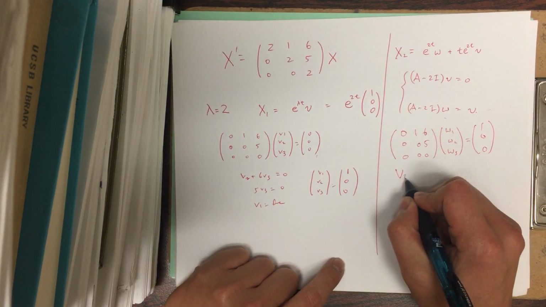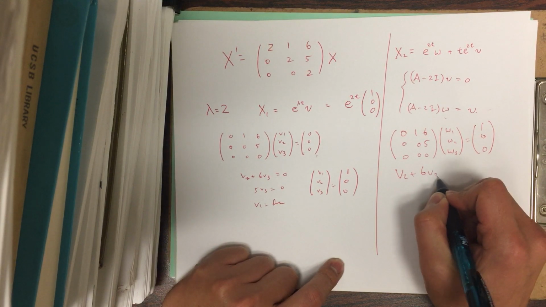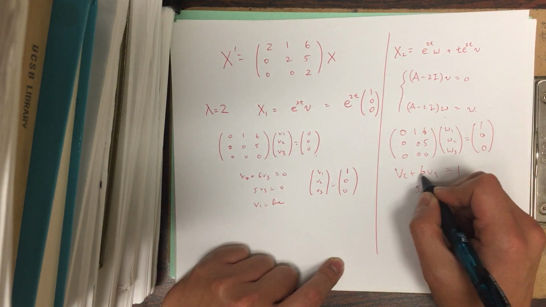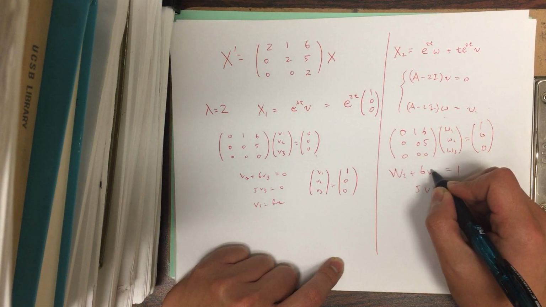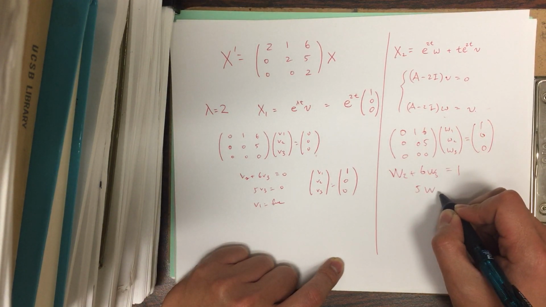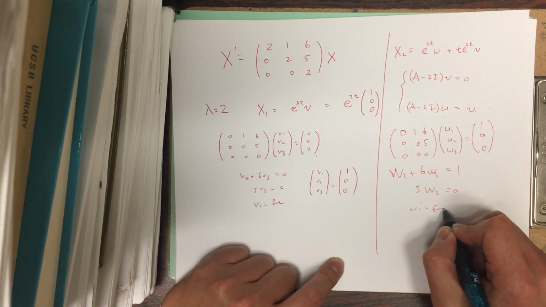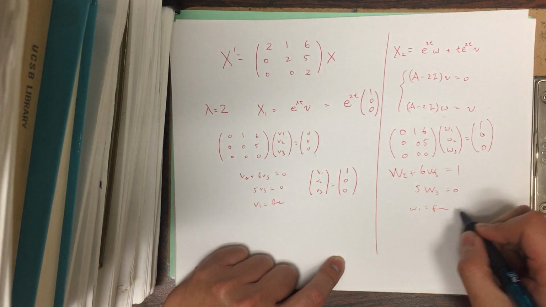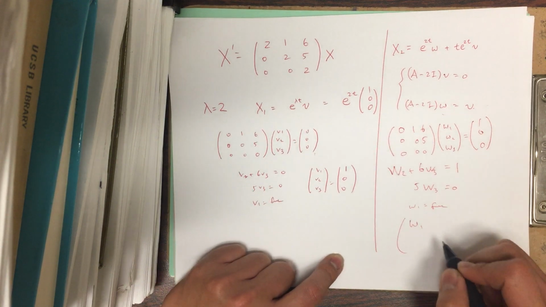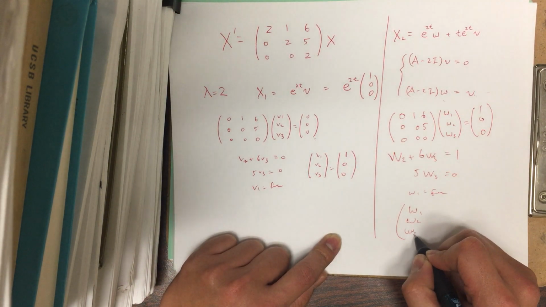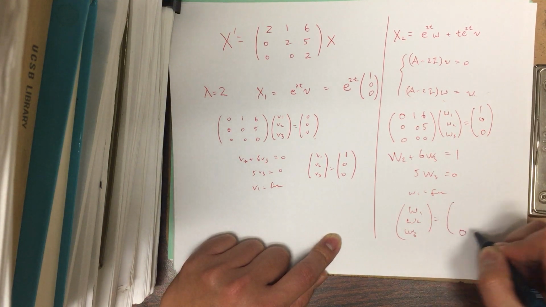So this corresponds to v2 plus 6 v3 equals 1, and 5 w3 is equal to 0, and w1 is free again. So w1, w2, w3 again is 0.